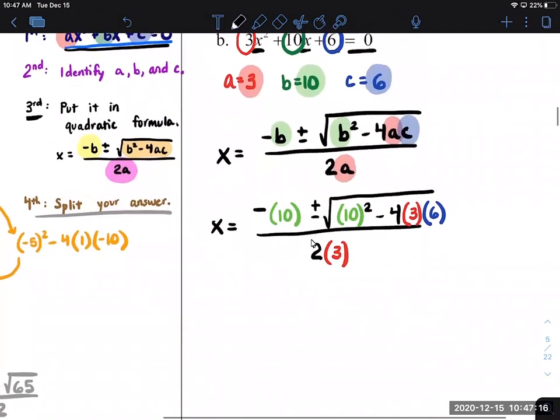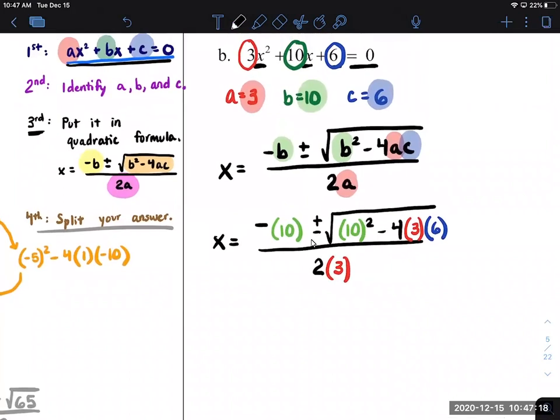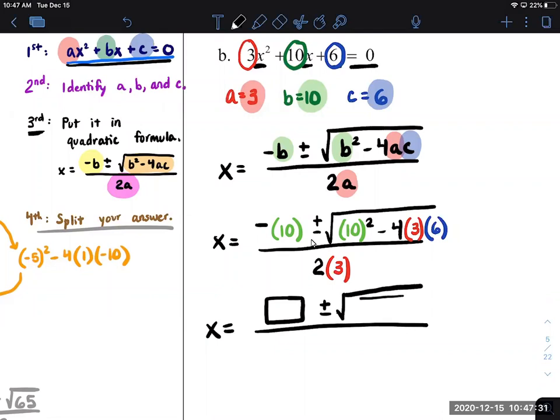All right, after you've plugged in your numbers, then you want to simplify. So you have 3 pieces. You have the piece out in front, plus or minus the square root of something else, divided by something. So let's see if we can fill in those boxes.